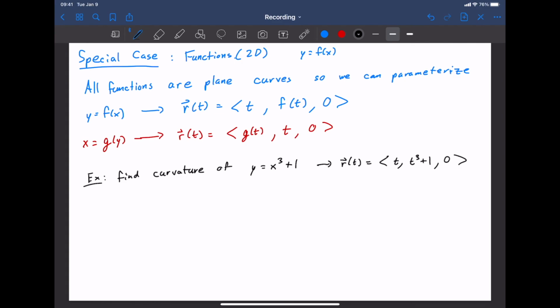And then the steps are the same. You're going to find r prime, r double prime. You're going to want to do the cross product once you find that, the magnitude of that cross product, and the magnitude of r prime of t itself.